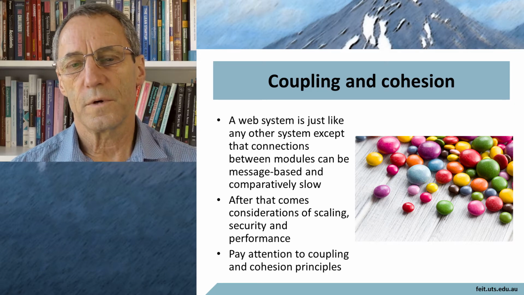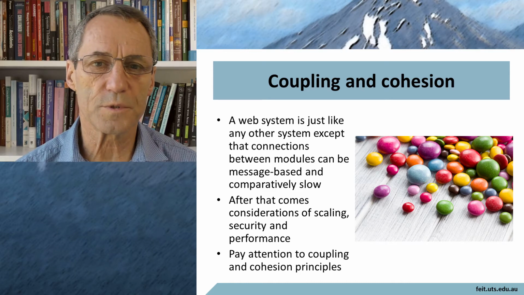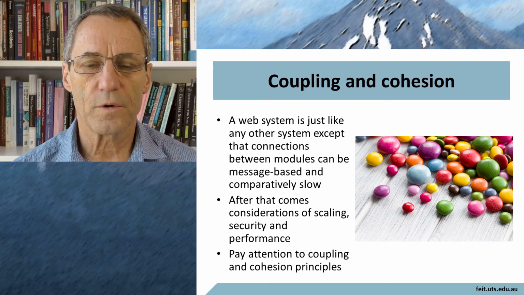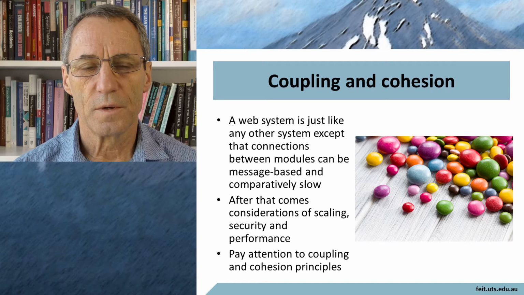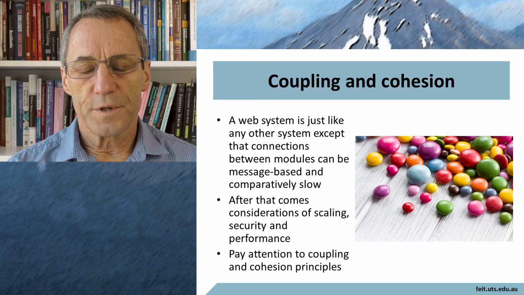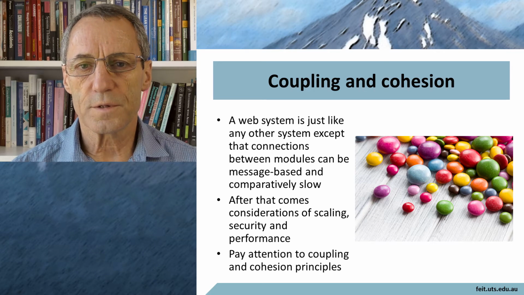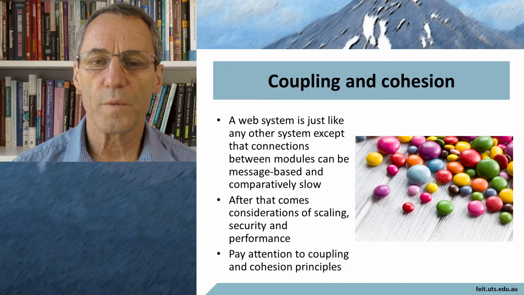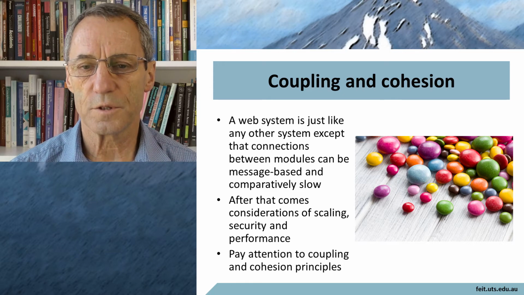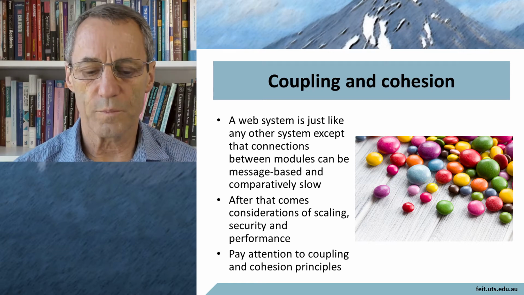A number of iterations of architectures for some pretty big commercial systems have pointed out time and time again that the complex interconnections that tend to arise in monolithic systems have to be sorted out when you're going to web-based systems or pretty much any other component-based systems. They just happen to be very important in web-based systems.